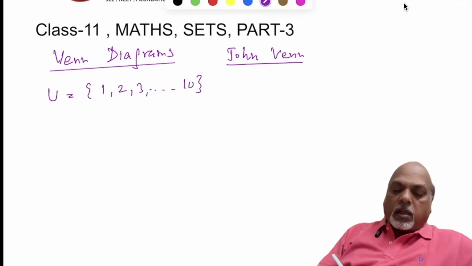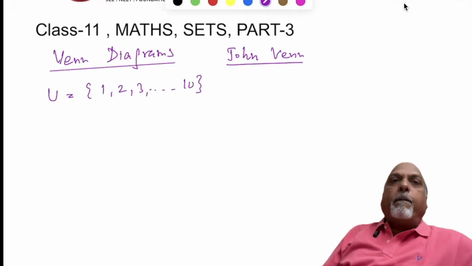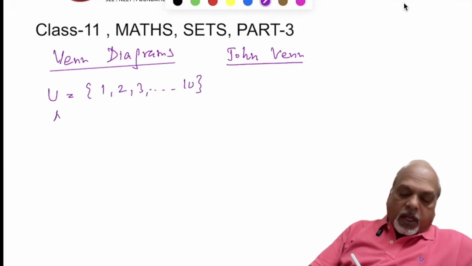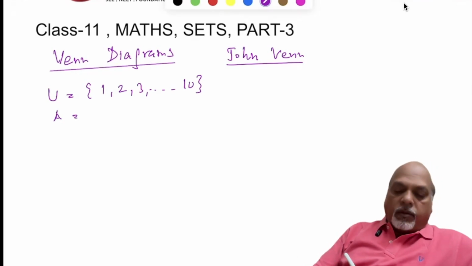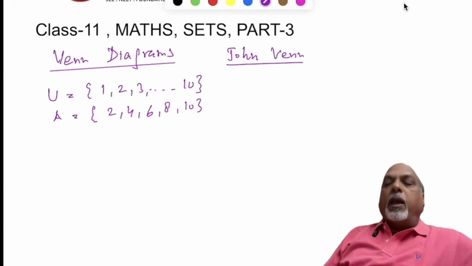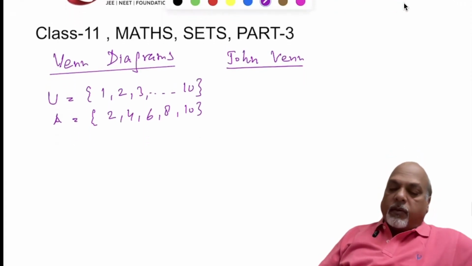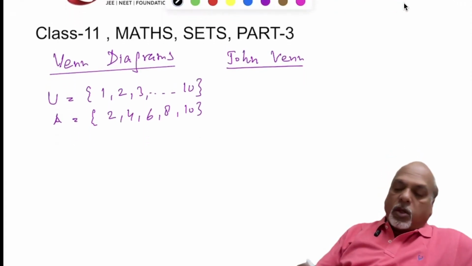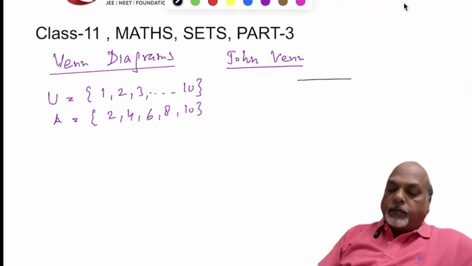This is the universal set, and A is a subset of this. Correct. So pictorially, we can show it like this. We have to make a Venn diagram.